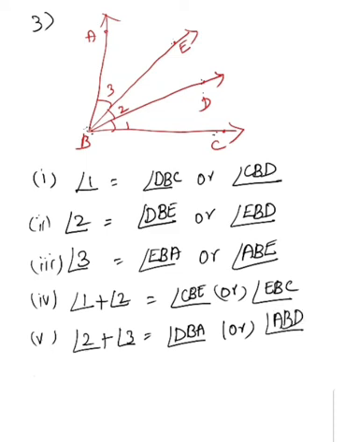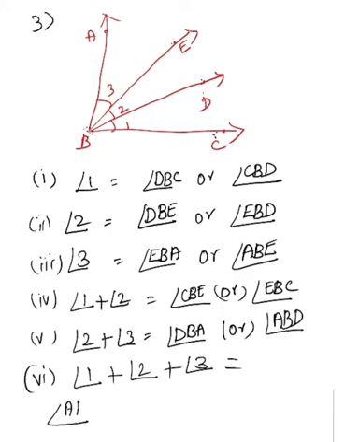Then all the angles, that is angle 1 plus angle 2 plus angle 3, you take it as angle ABC or angle CBA.